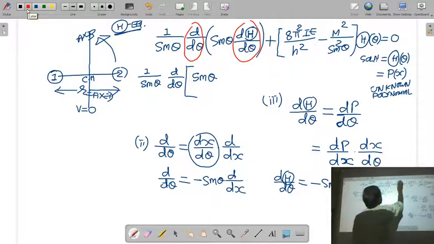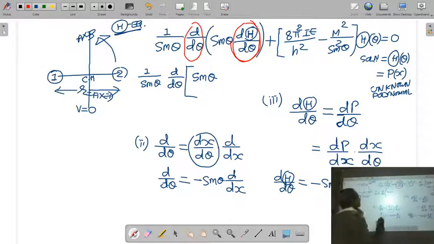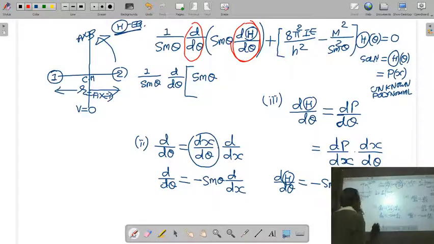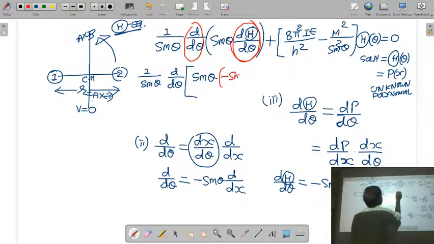Now we substitute the value of d capital theta by d theta. What is the value of d capital theta by d theta? It is minus sin theta dP by dx. So the value of d capital theta upon d theta is minus sin theta dP by dx.